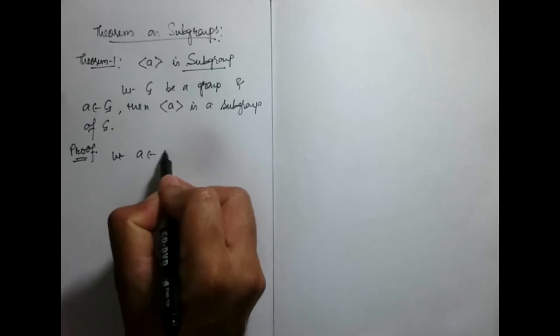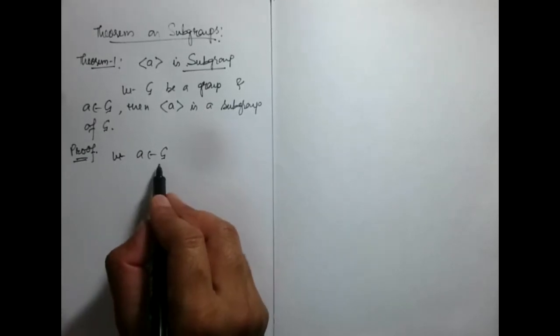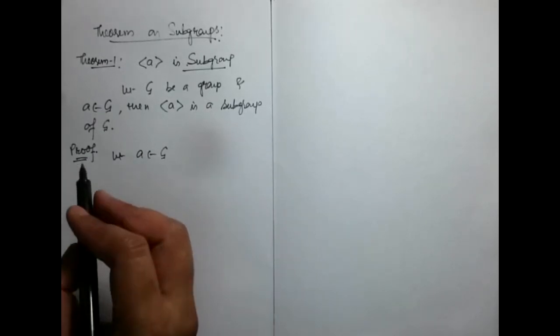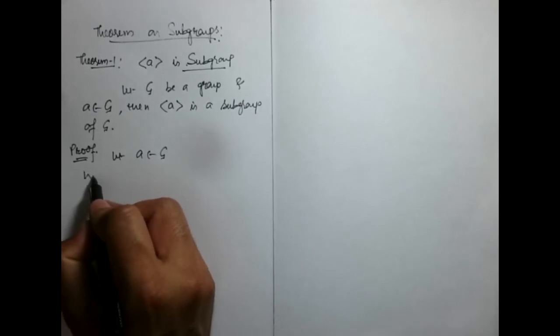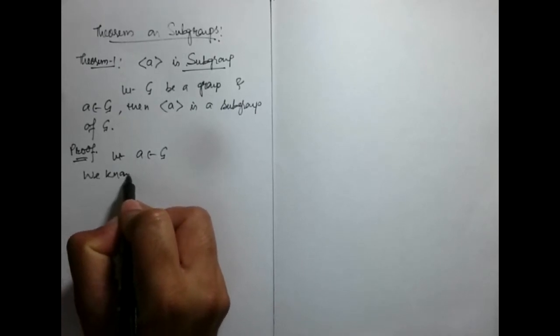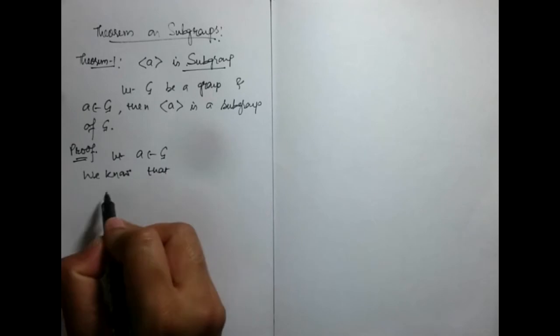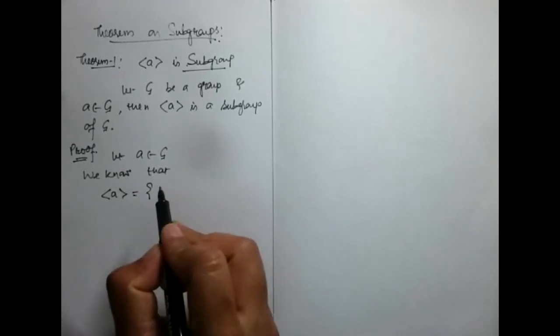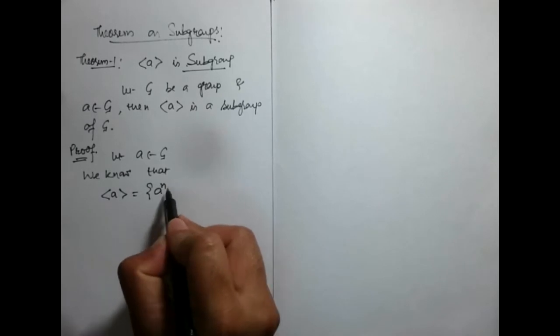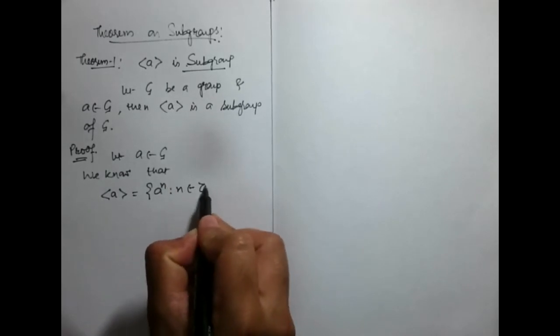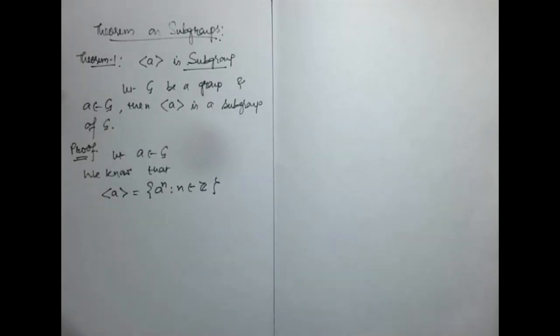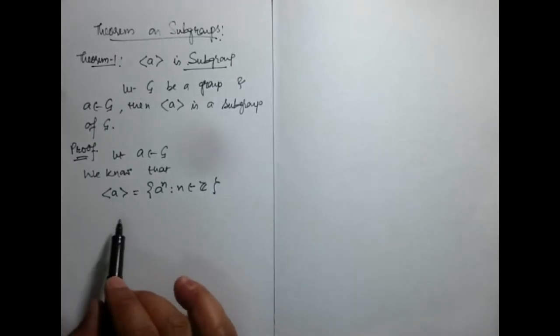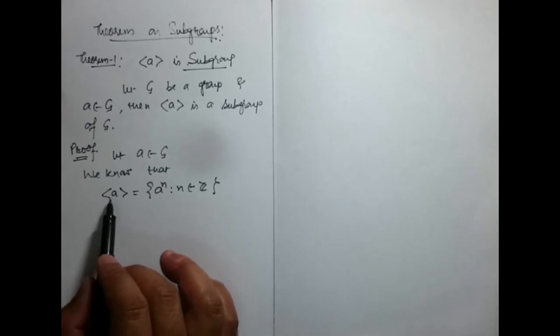Let a belongs to G, where G is a group. So we know that this set generated by a can be written as a^n such that n belongs to Z. हम ये पढ़ चुके हैं। This is called generation of element.